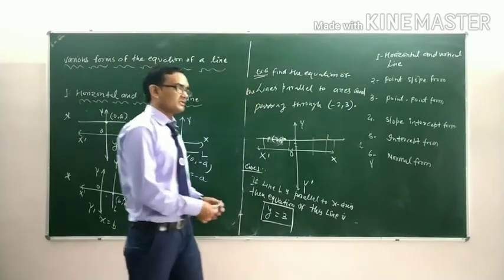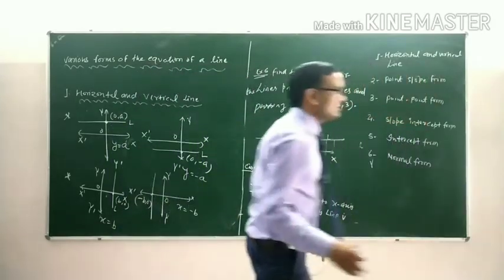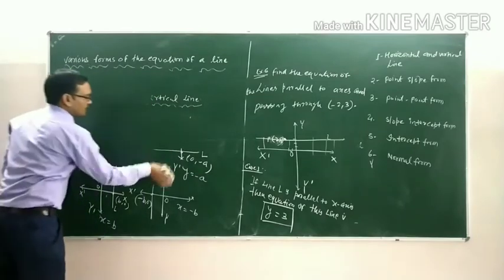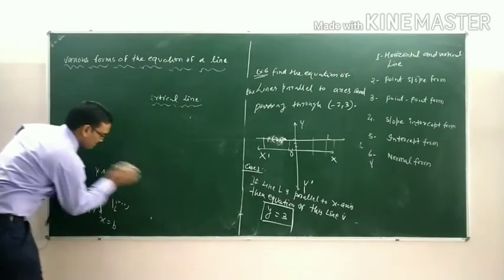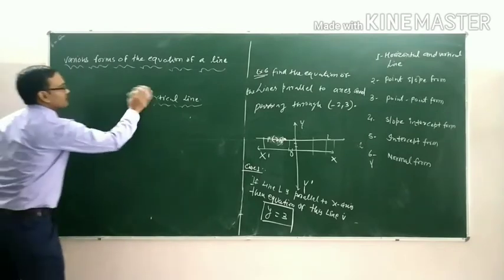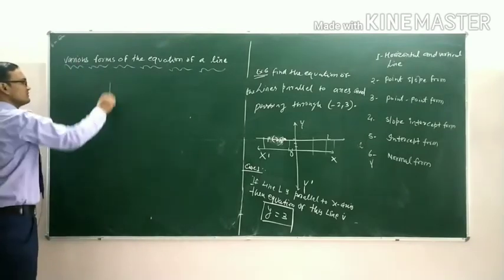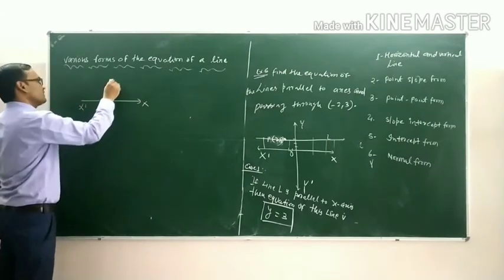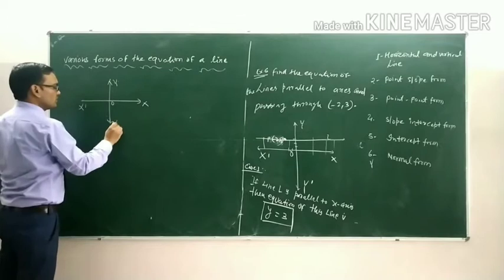Okay students, if a line is parallel to the y axis, then the equation of the line is, x dash, y 0, y dash.